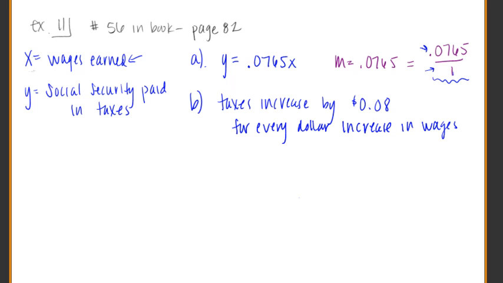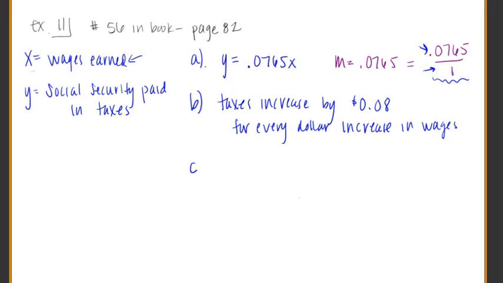Okay, and the key to that, again, is the fact that our denominator is 1. So because this is a 1, it's saying when my X values change by 1, then my Y values are changing by 0.08. So when my wages change by 1, my taxes change by 0.08. Just simple as that.